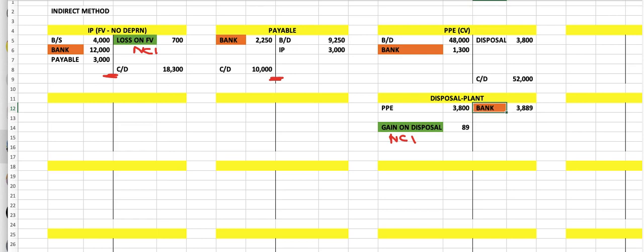Okay, so this one bank. So the account ni dah tutup lah. Okay, what about PPE? PPE selalunya ada banyak transaction tu, kita tak boleh tutup dulu. So we just move on first to number 3, additional information.